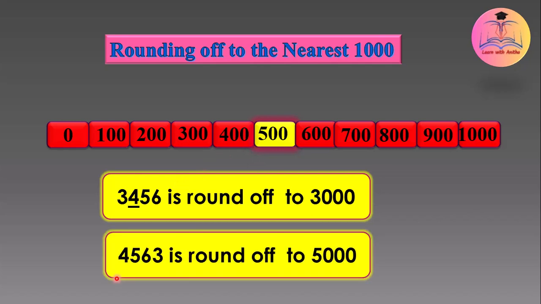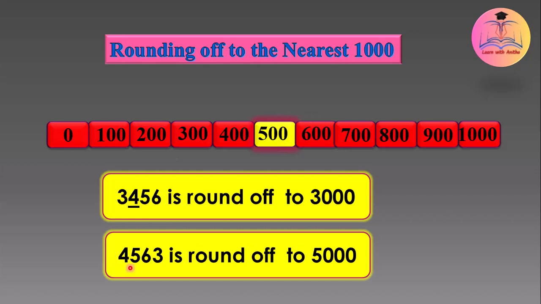The next number, 4563. You have to check the hundreds place. 563 lies between 500 and 600. Okay.